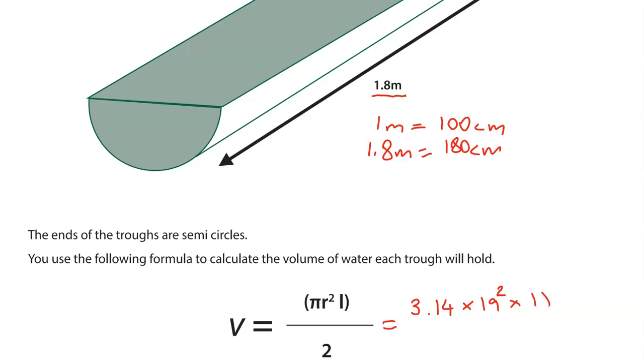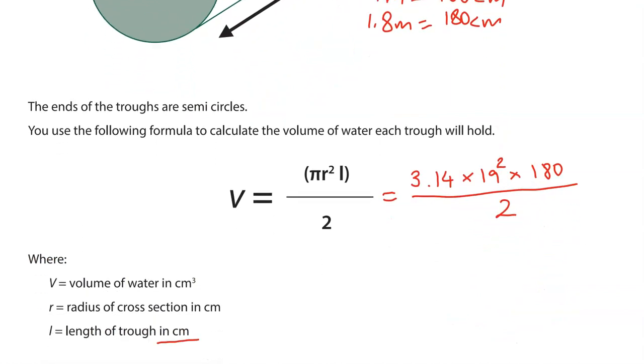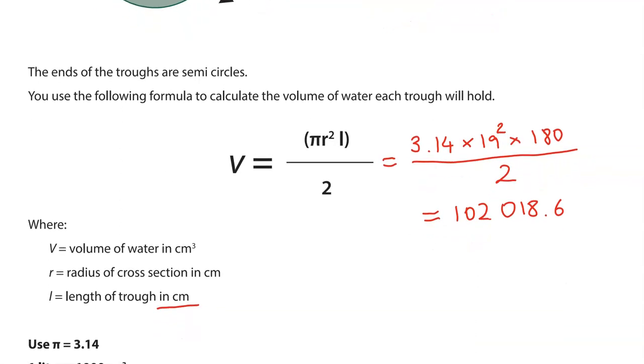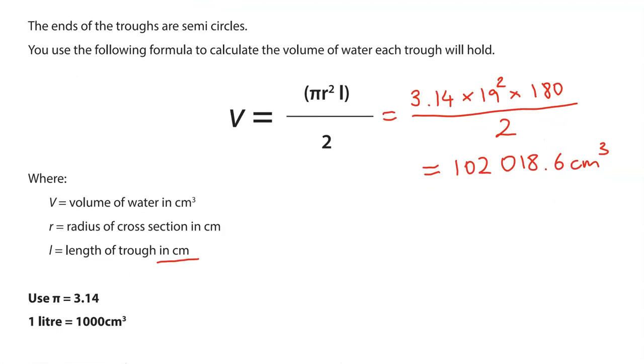So I'm going to put 180 here, all divided by 2, which is equal to 102,018.6. So that is the volume in cubic centimeters.